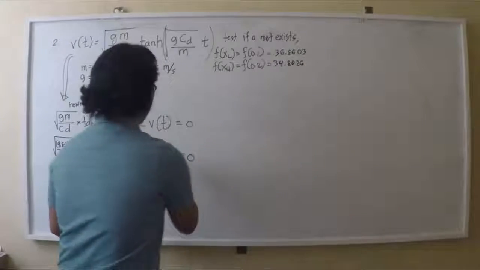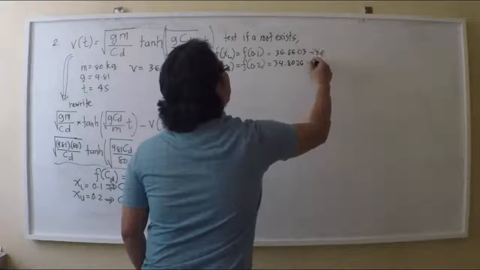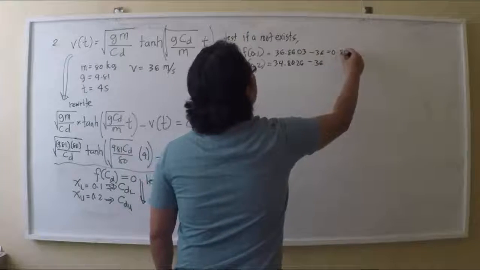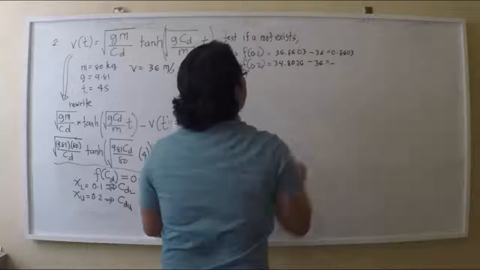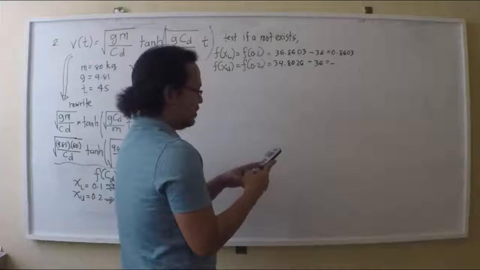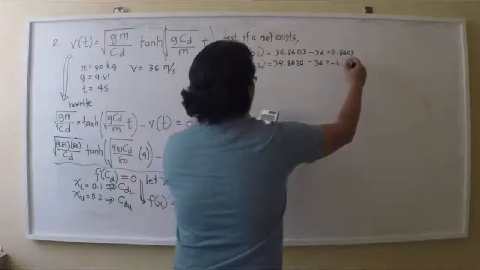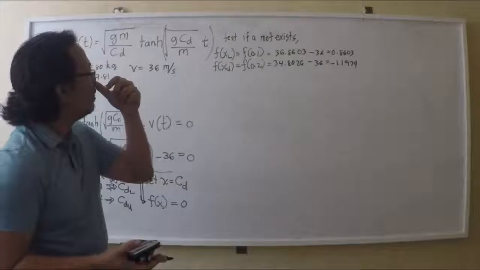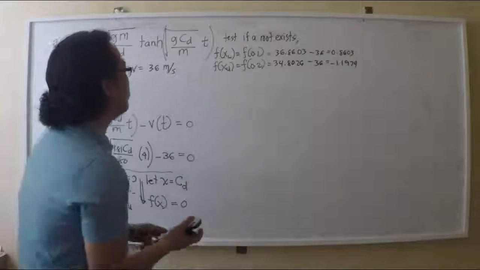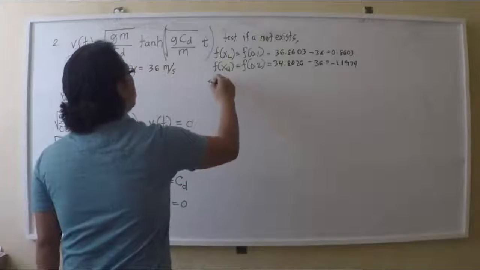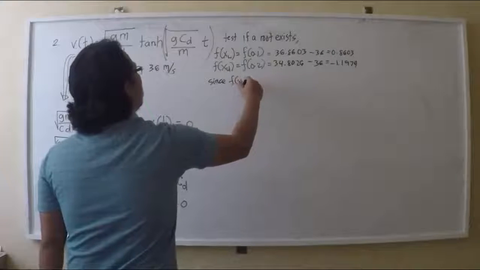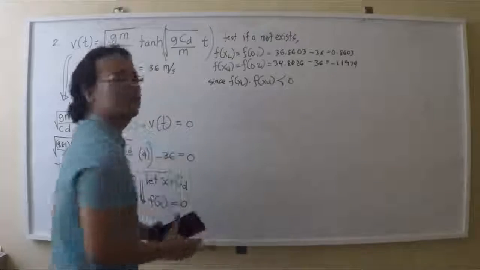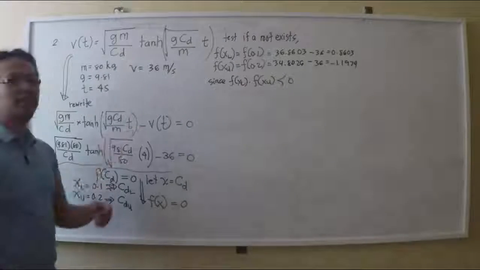But then I forgot, I need to subtract 36 here, so this is really 0.8603, and this one, minus 36, is negative 1.1974. Okay? So those are the values, and of course, since f of xl times f of xu is less than 0, we can say that there is one root that will satisfy this function.